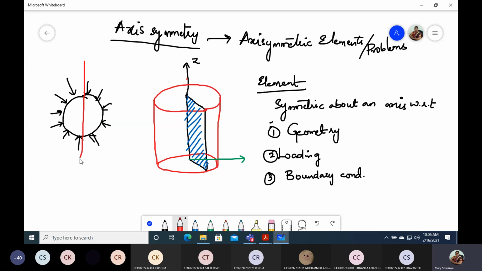This is the z-axis that we are considering. The load also should be symmetric about this axis. And whatever boundary conditions are taken for the problem analysis, even that has to be symmetric about the same axis. Please remember, it has to be about the same axis. Then only we are calling that an axisymmetric problem.